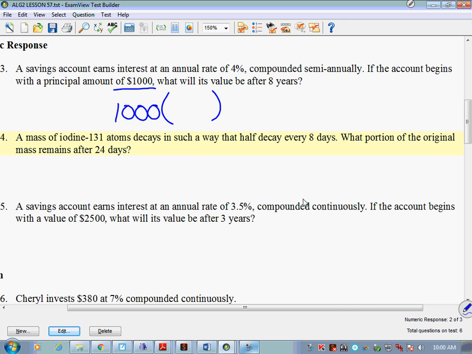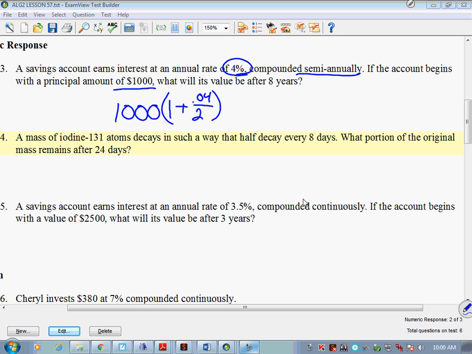All right, so notice that it's 4% interest semi-annually, which means we're going to do this twice a year. So we'll always multiply it by 1 because that's 100%, plus my rate, 0.04, divided by the rate at which it's compounded, which is semi-annually, so we'll divide that by 2.